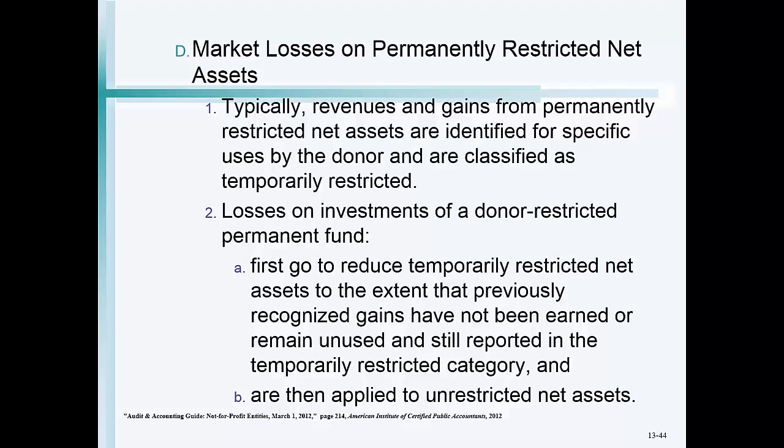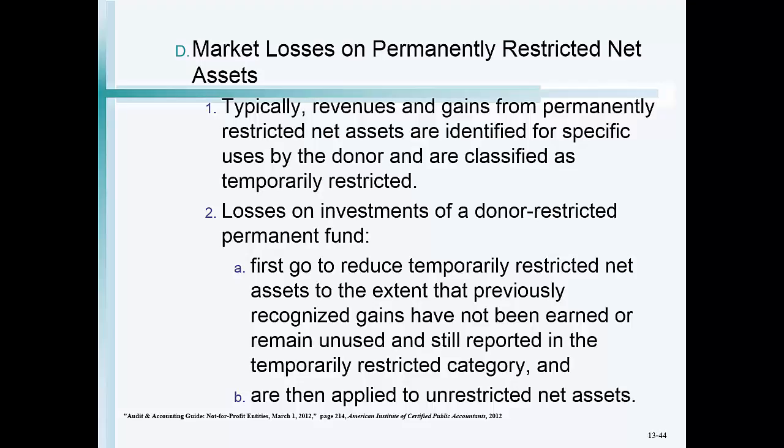Declines in value. FASB says that we first take any declines in value to the temporary restricted column to the extent that there have been investment earnings and gains built up in the temporary restricted column that haven't been used yet the way the donor told you to.